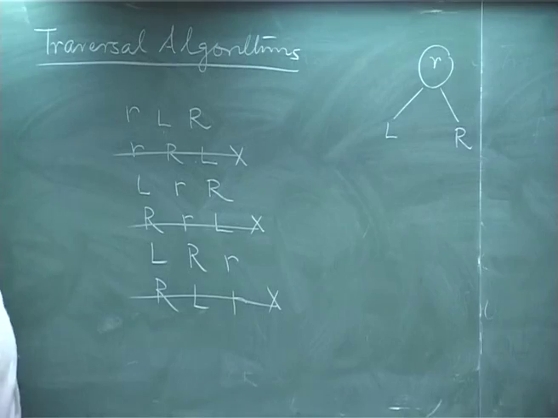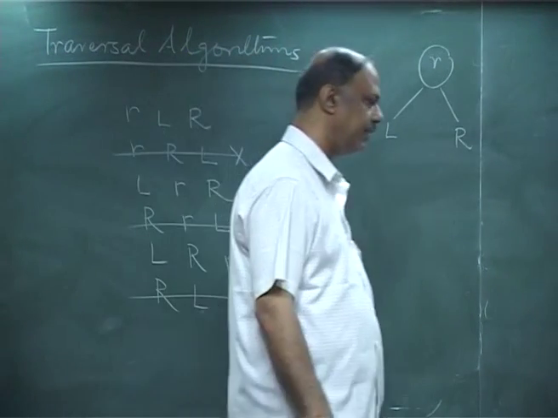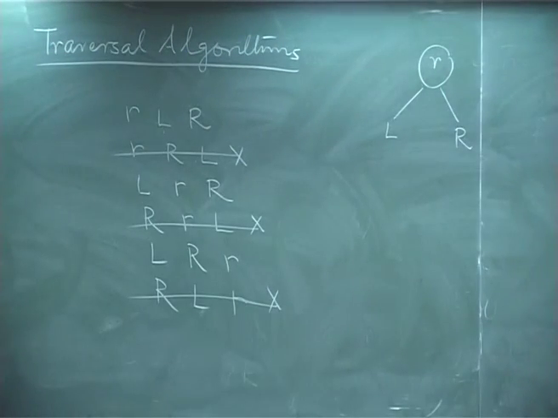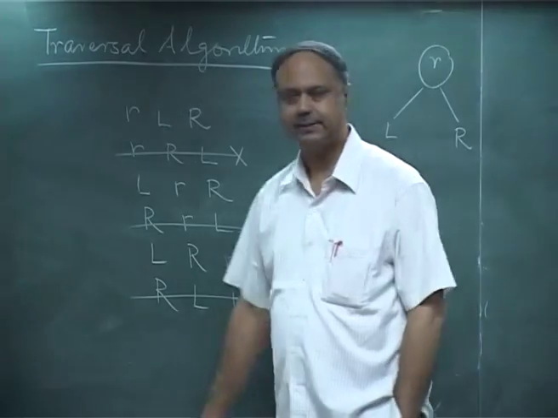One is the root first, then left subtree, then right subtree. Another one is left subtree, root, right subtree. Another one is left subtree, right subtree, root.